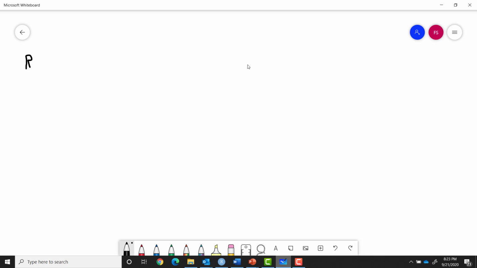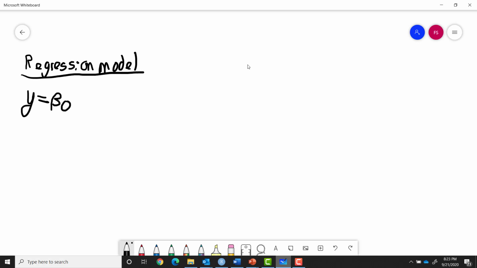Basically, we have a regression model, and that's going to be my y. This is just a regression model in general: y is beta 0 plus beta 1 x, plus, we know we're not going to be perfect, so we have the error.